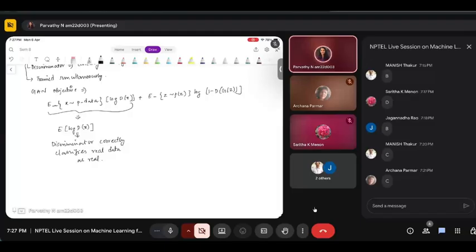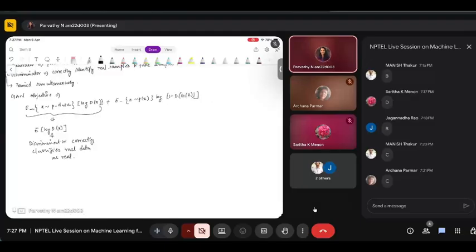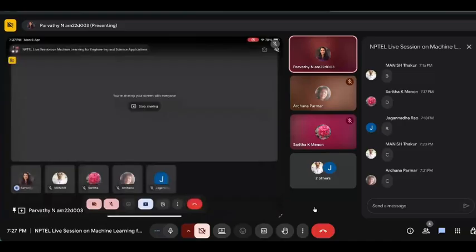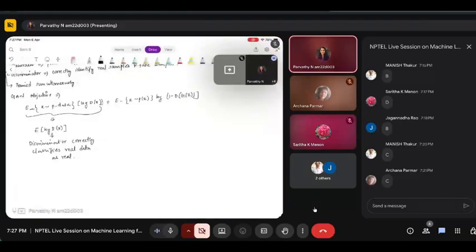D of x is the discriminator. So this is the expected log probability, it tells the probability that the discriminator correctly classifies the real data as real. So when we maximize this, it will lead to D of x moving towards 1 for real samples.